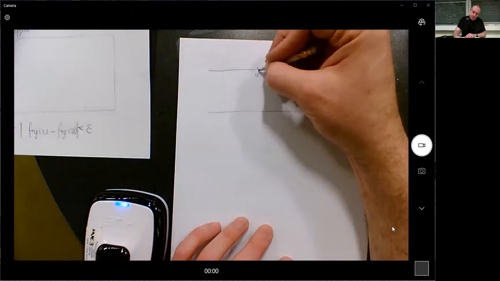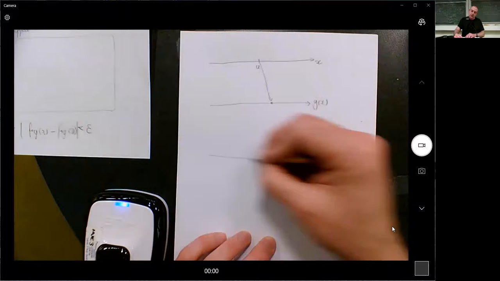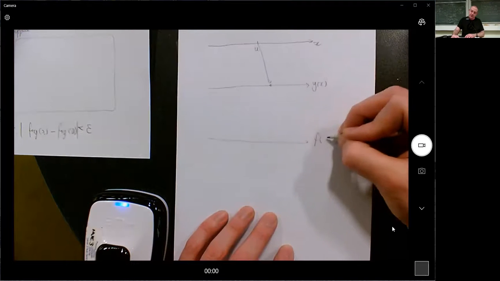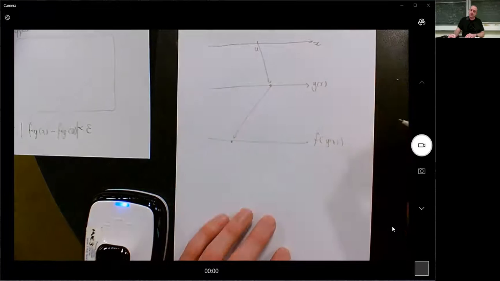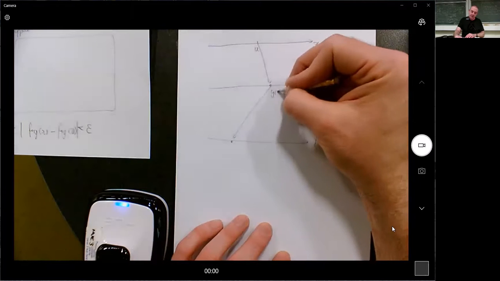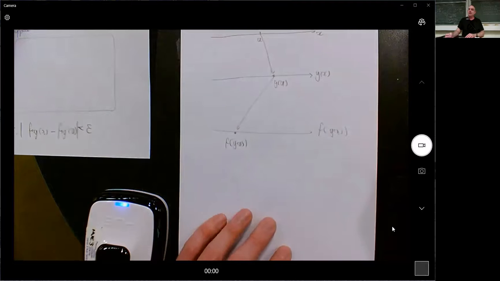And so it would produce a number like this maybe. And then here's what f of g of x would come out to, and it might produce a number like this here. So this would be g of a, and this would be f of g of a, like that.